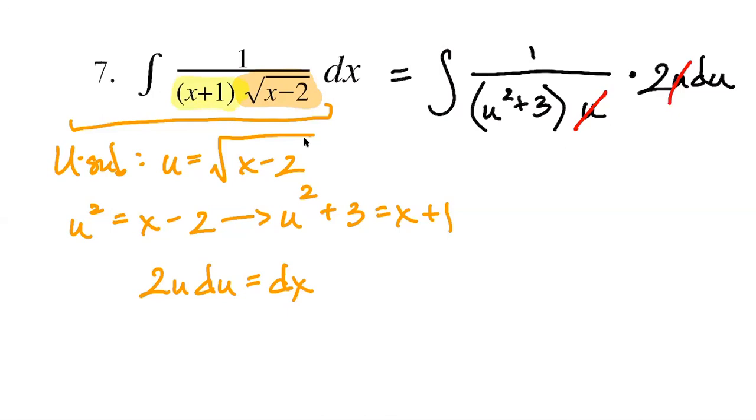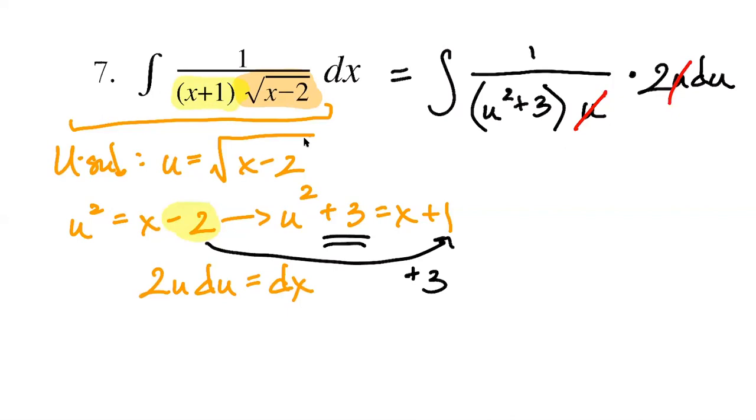So in order to get this minus 2 into a plus 1, I had to add 3. And if I add 3 to the right-hand side, I must also add 3 to the left-hand side.